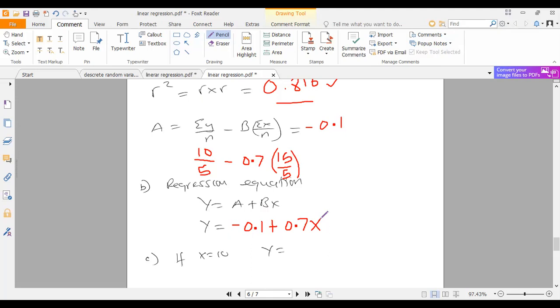So the second question was, find or predict y where x is 10. So where there's x, you put 10. So here you're going to have negative 0.1 plus 0.7. Where there's x, we put what? 10.